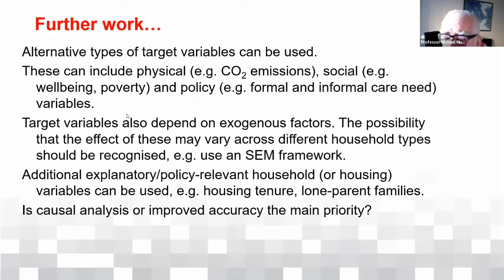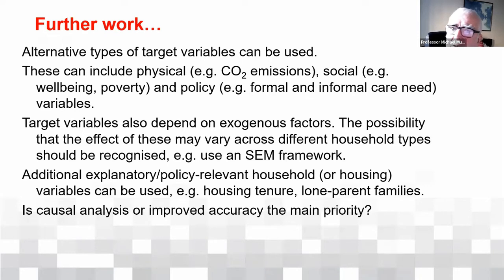So this, as an application of household structure, we can obviously use alternative types of target variables. These could include physical outcome measures such as CO2 emissions, water use, electricity use. Those sorts of things which have been applied before.